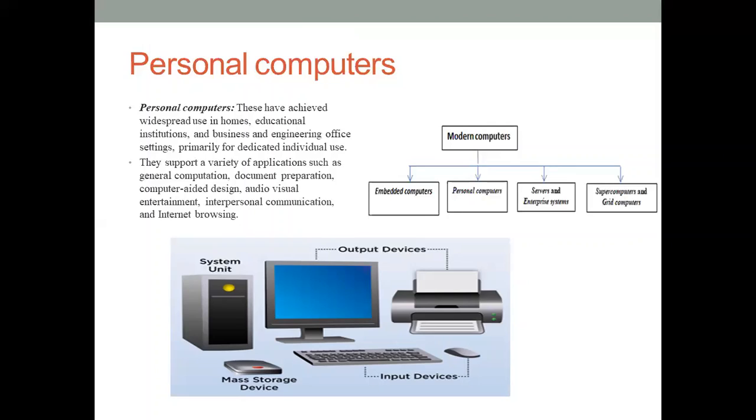If I look at a personal computer, any computer consists of input devices and output devices. The input devices are keyboard and mouse, and the output devices are monitor and printer. It consists of a CPU, the central processing unit, which is the brain of the computer. All the input given through the input devices is processed in this CPU, and the output can be displayed on the screen through the monitor, or given as a print through the printer.